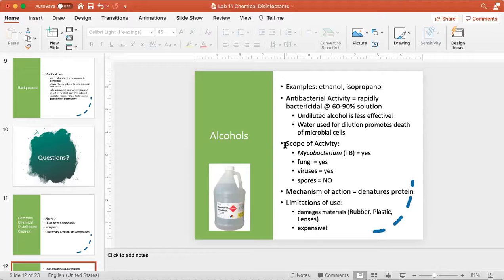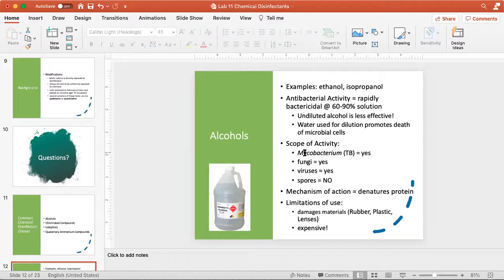Now, I'm going to list a scope of activity for the alcohols and for the other families of disinfectants. What I've done is I've written 4 specific types of organisms, living things in other words, that we might be trying to get rid of. So instead of just saying, oh, it's a disinfectant against bacteria, we're also going to ask, does it kill mycobacteria?